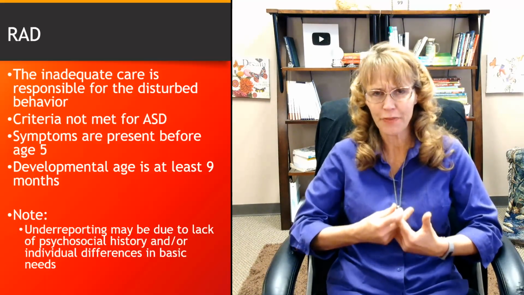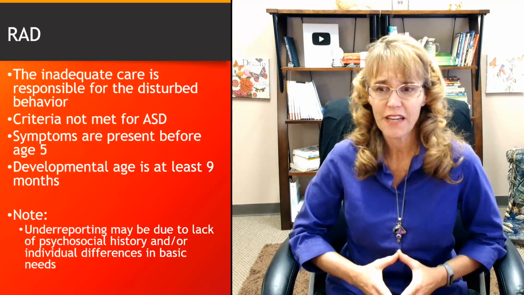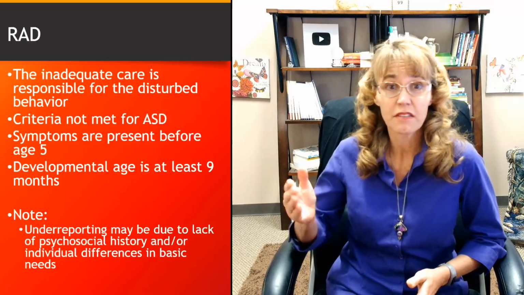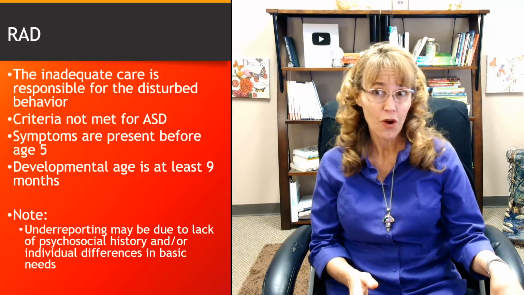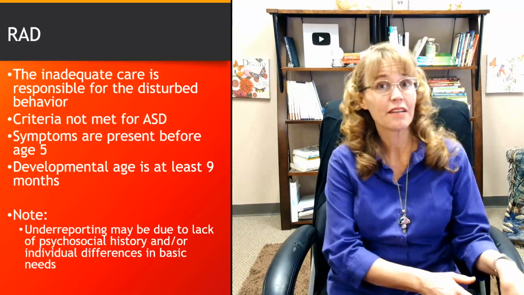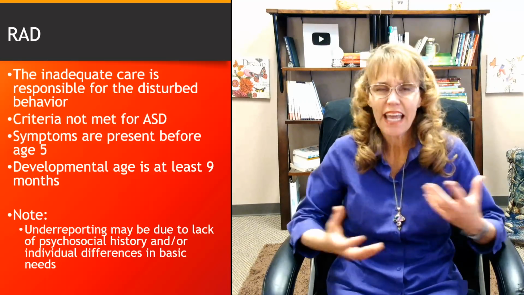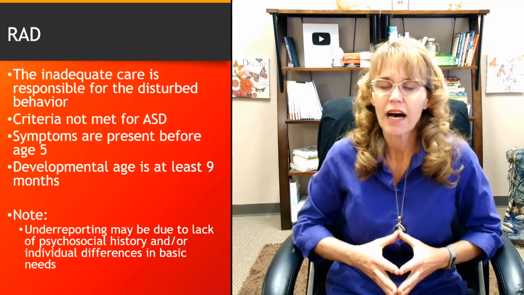But I want you to follow me. I want you to think about this. Children who are in child welfare may enter child welfare when they're 5 or 6 years old. And we may not know what happened before that period of time. We may not have a good indication of how long that abuse or neglect was going on.